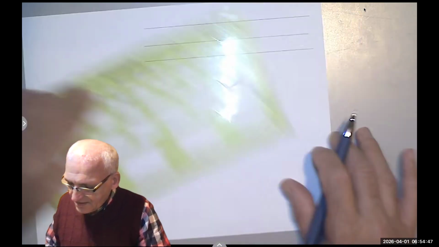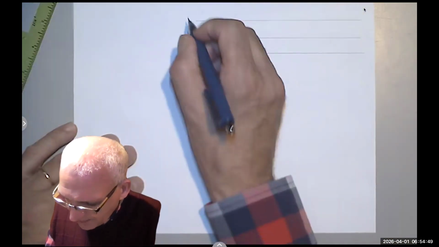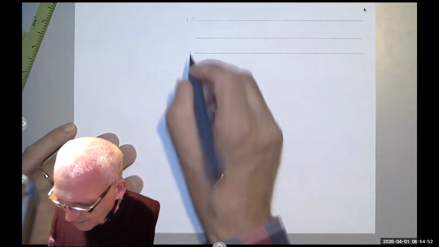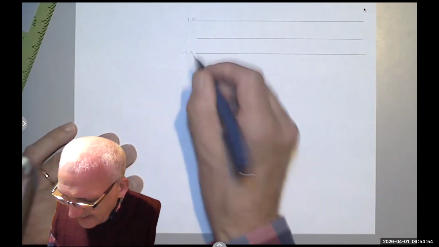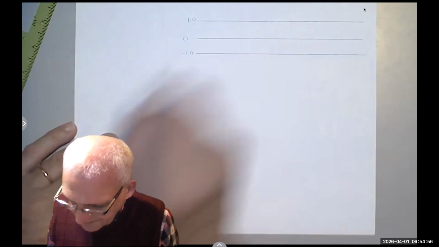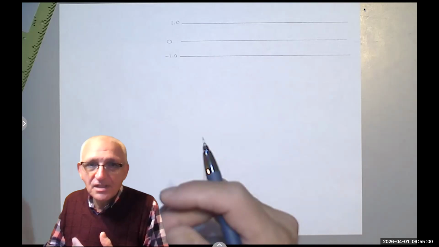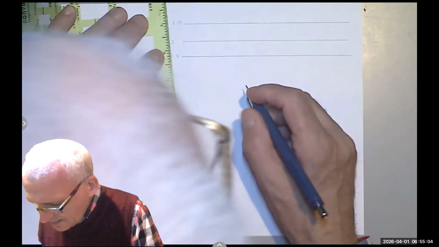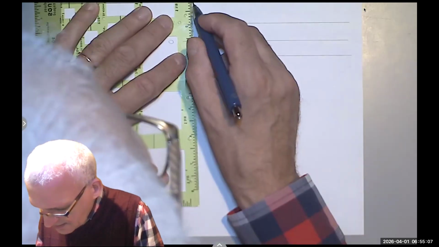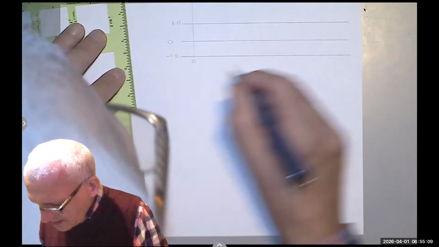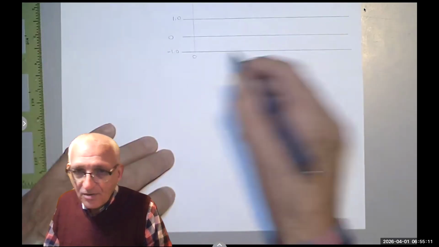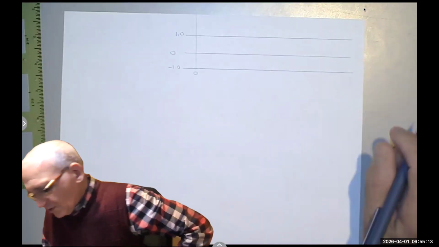What we have here is we know that the upper limit is 1, the lower limit is -1, and the center line is 0. So there are a few things that we need to talk about. Let's say here is the 0, and then maybe we have pi over 2, pi, 3 pi over 2, and 2 pi.